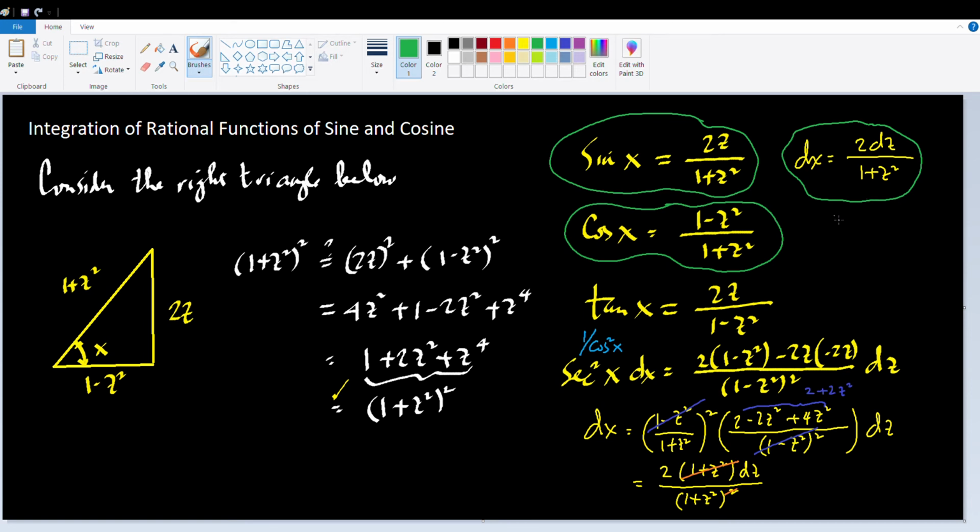So to express z in terms of x, what we do is we integrate this differential of dx.